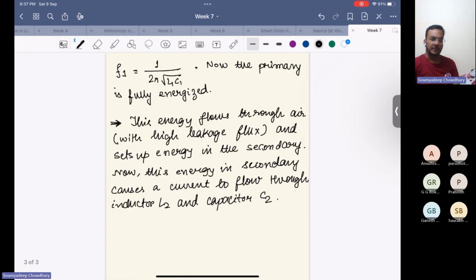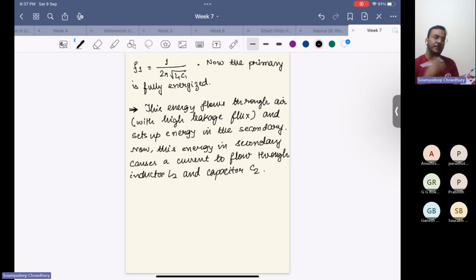Ignore the resistances for the time being. So this energy flows through air from the primary, it is transferred to the secondary. So this energy will flow through the air and it will set up a current in the secondary.